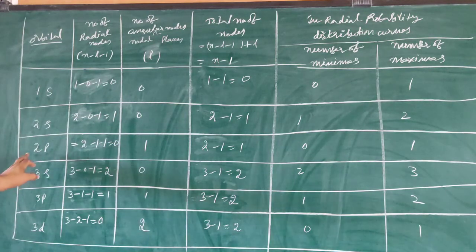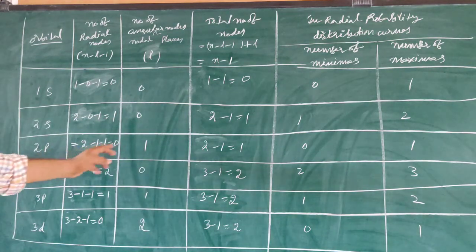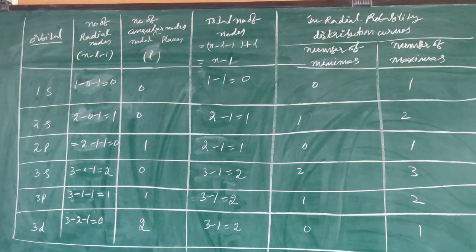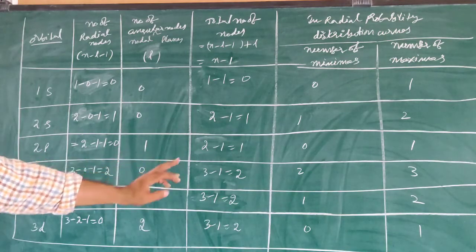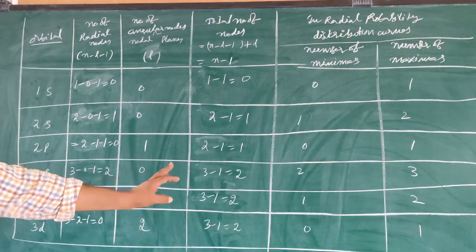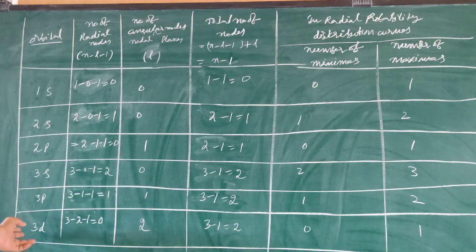Here n is equal to 2 in the case of 2p, so in the same way, 2 minus 1, that is equal to 1. Here in 3s, n is equal to 3, so 3 minus 1, 2. In 3p, n is equal to 3, same like that, 3 minus 1, 2. In 3d, again n is equal to 3, 3 minus 1, 2.